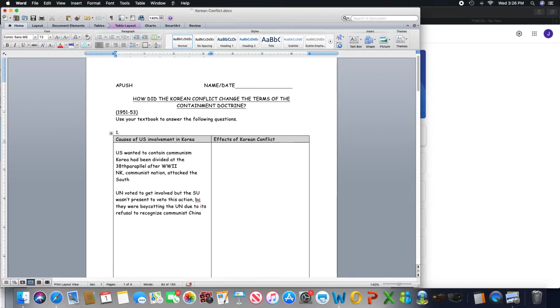And that took place in 1949, so let's put that in. So we see the United States acting with the UN to send forces to contain the North and to remove the North from South Korea.